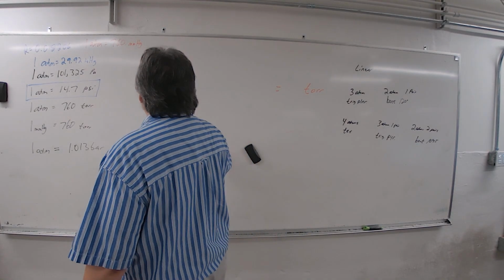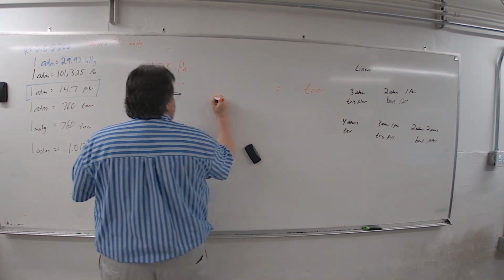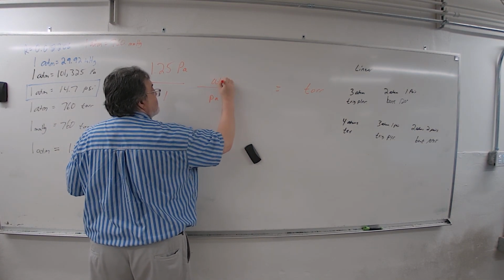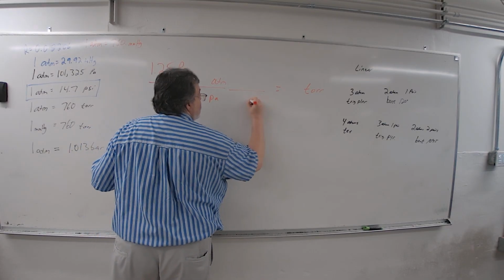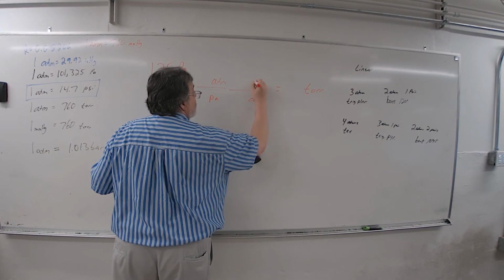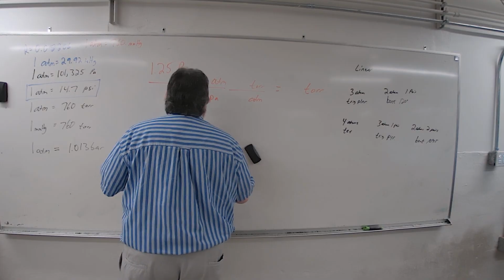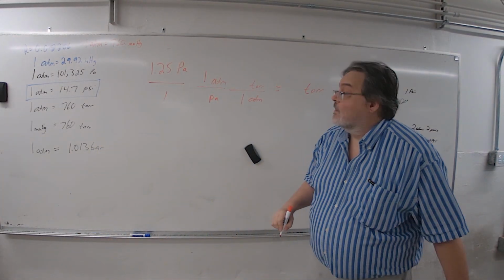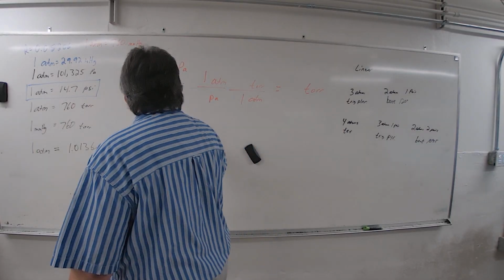So okay, we're going to go from pascals to atmospheres. Atmospheres to torr. These are going to be ones based on what I've given you here. 1 atmosphere is 760 torr.